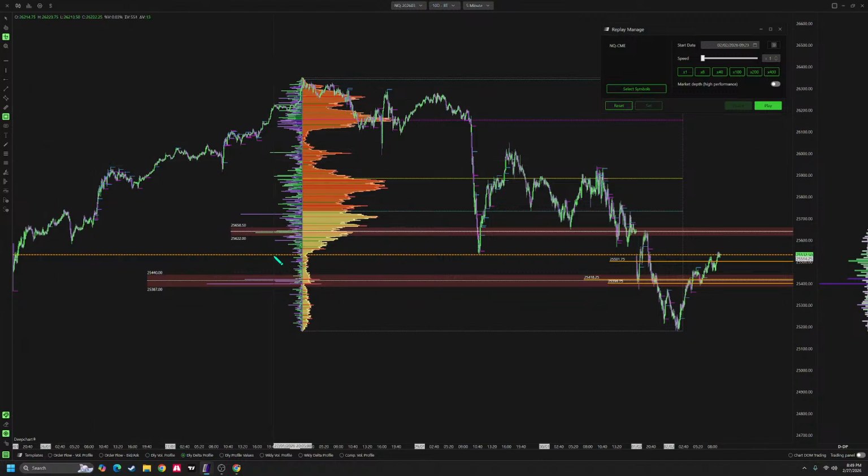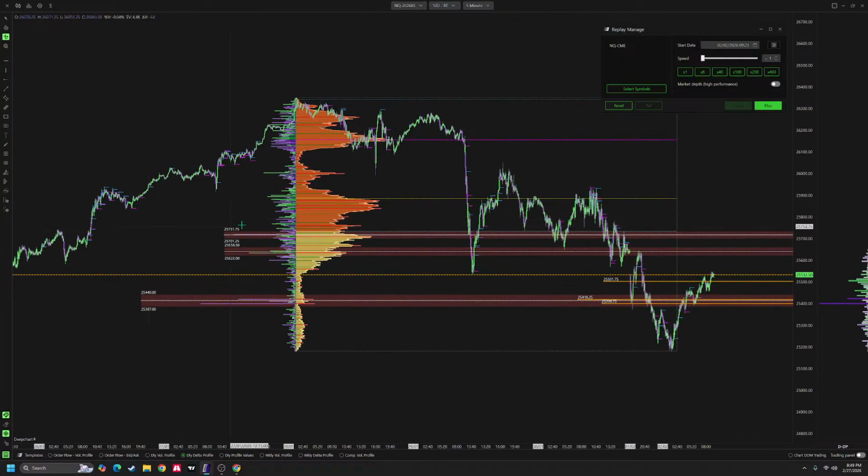We can see right here that lots of aggressive selling volume stepped in. We have some low volume nodes over here, so I could assume that this area is going to meet some force.